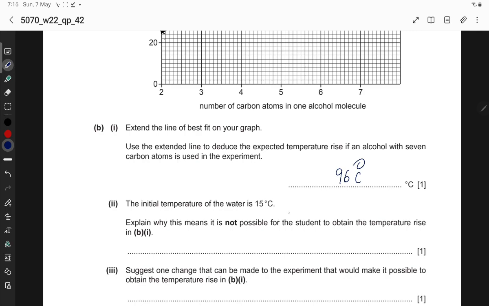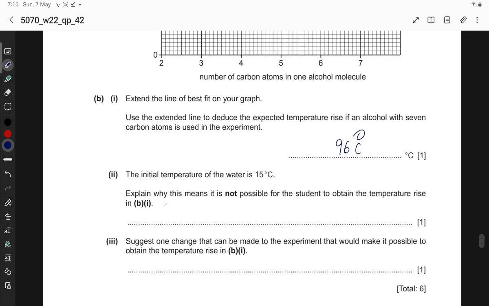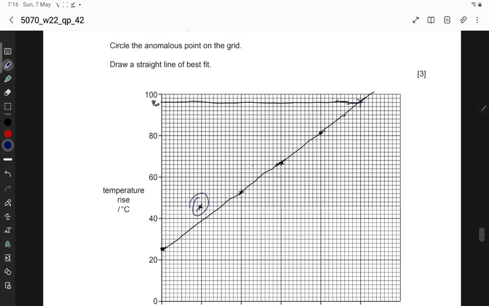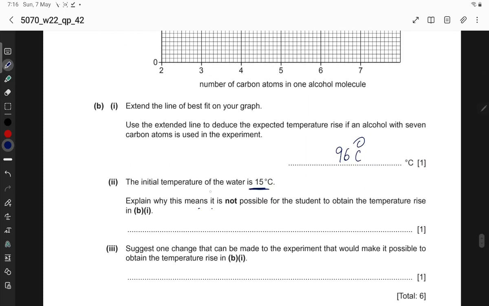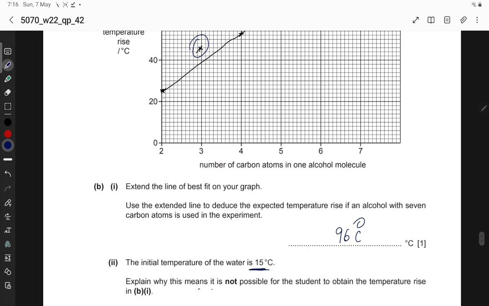The initial temperature of the water is 15 degrees centigrade. Explain why this means it is not possible for the student to obtain the temperature rise in B1.